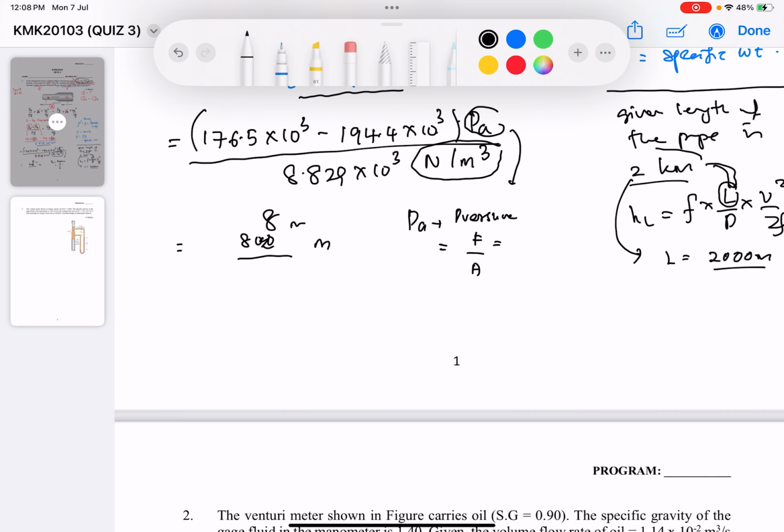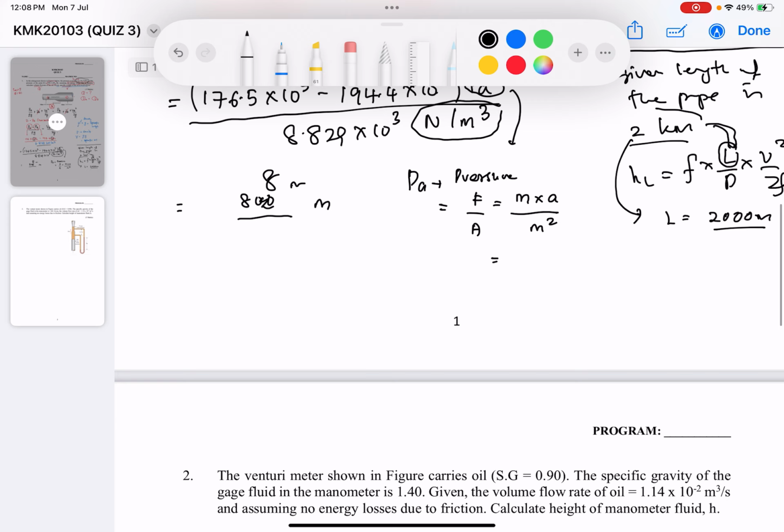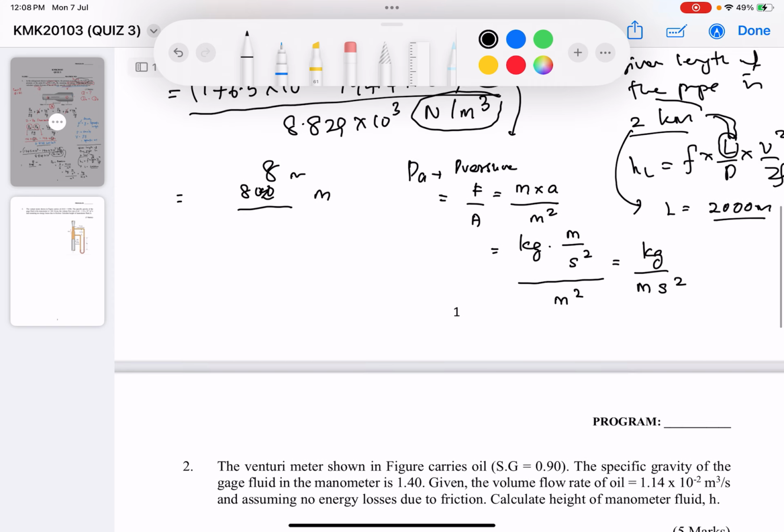The force, by Newton's second law, is mass multiplied by acceleration, divided by area, which is meter to the power of 2. So mass, unit of kg, multiplied by acceleration, unit of meter per second to the power of 2, divided by meter to the power of 2. So the pascal is equal to kilograms per meter second square.